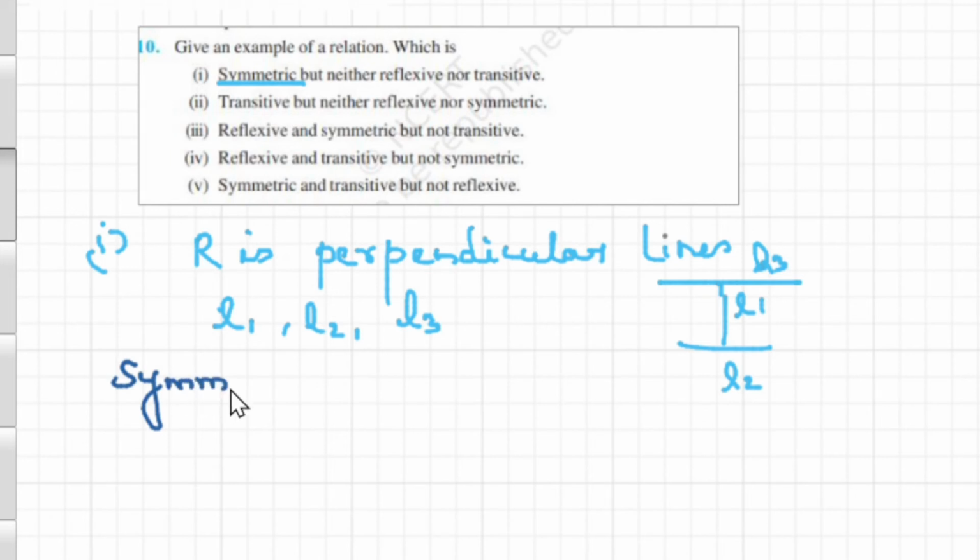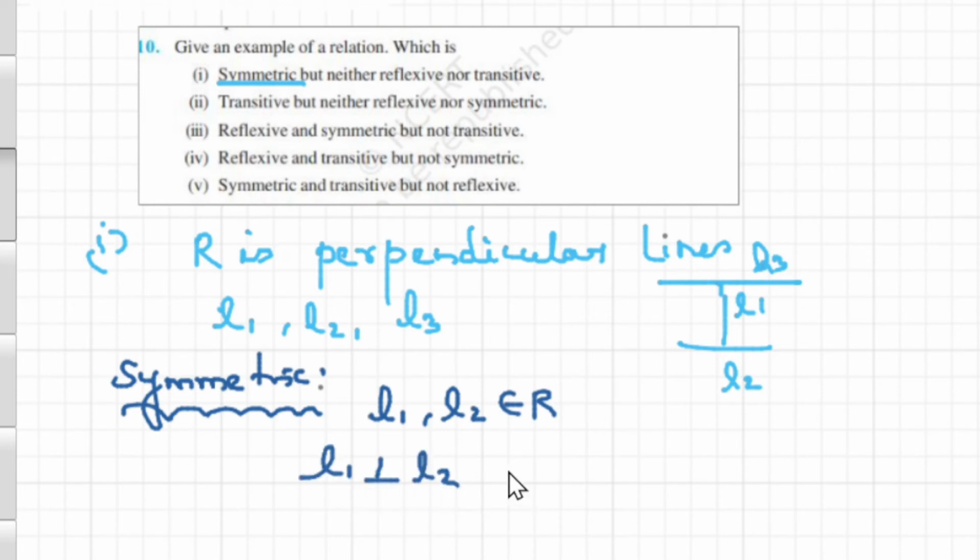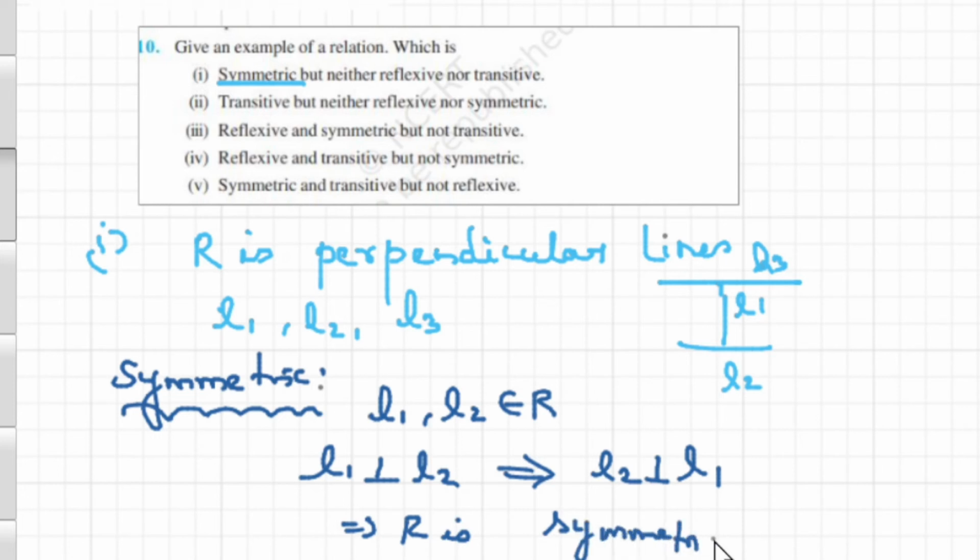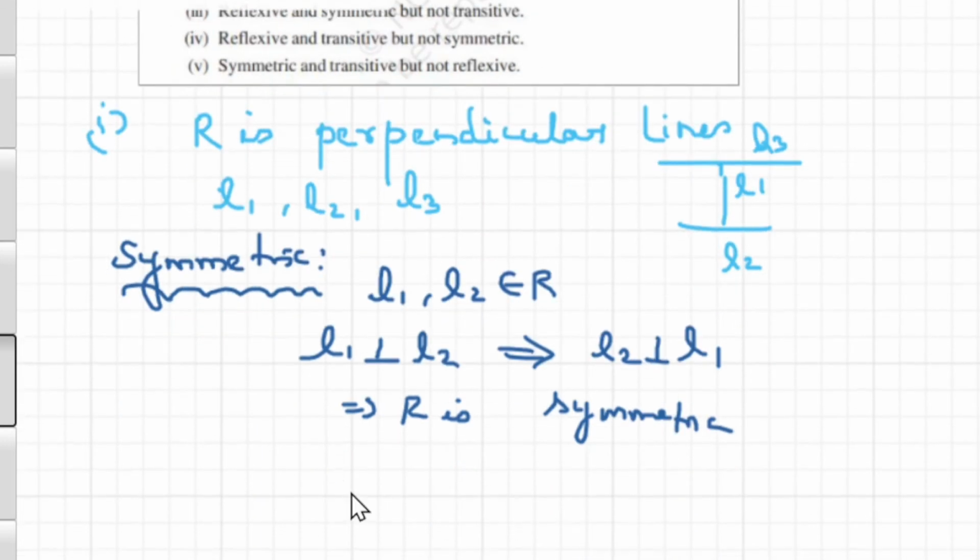First of all, we'll prove that it is symmetric. If L1, L2 belongs to R, that is L1 is perpendicular to L2, that implies L2 is perpendicular to L1. Therefore R is symmetric. And then reflexive.